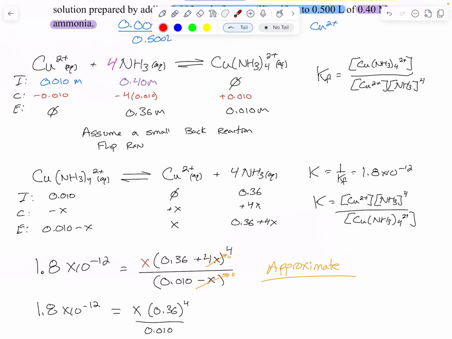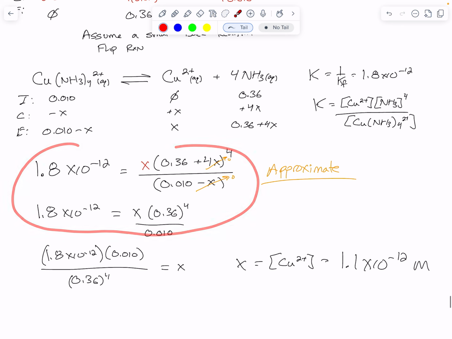There's a way to do it without flipping the reaction, but we did it with flipping because that's what our book's doing. K is 1 over Kf now, which is a much smaller K, which is what we expect. And we did another ice table to do the back reaction. Remember, you've got to keep count of these. And we just did the equilibrium constant like we've always been doing, approximating and everything. X happens to be copper 2, which is that.